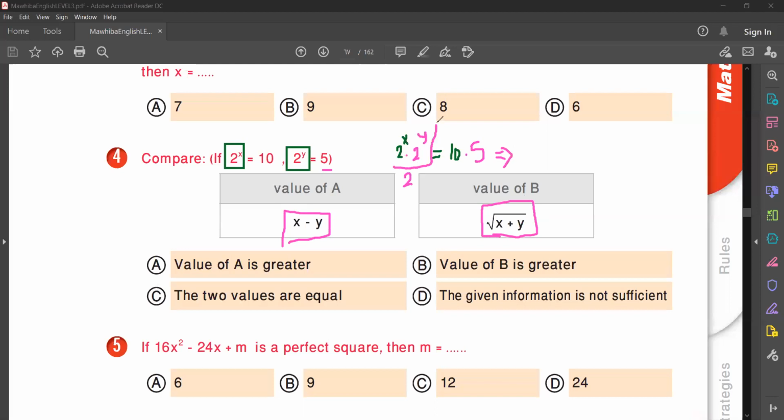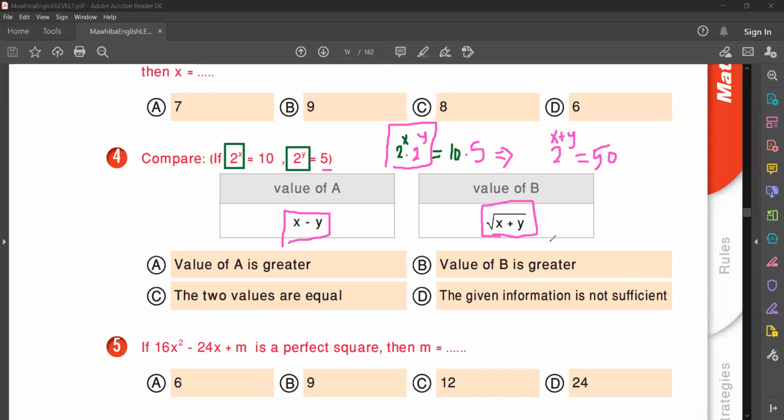Because we have multiplication, you add the exponents, right? So we find 2 to the power x plus y equals 10 times 5, which is 50, right?